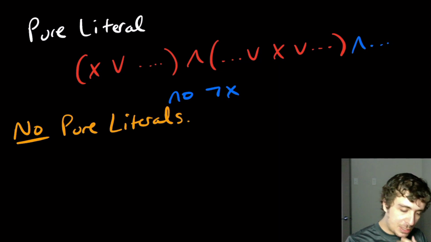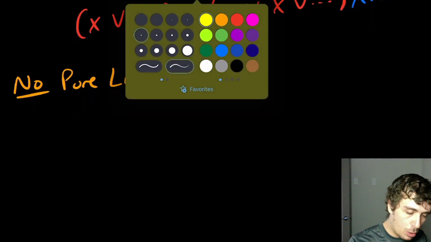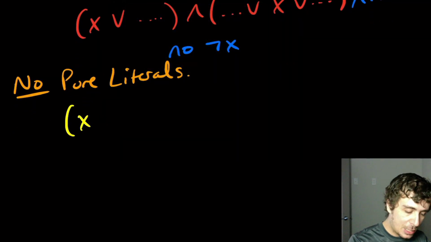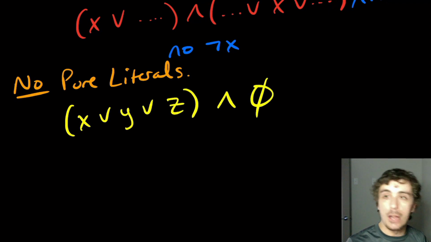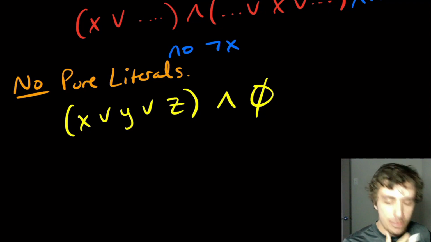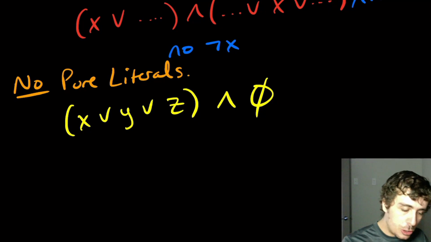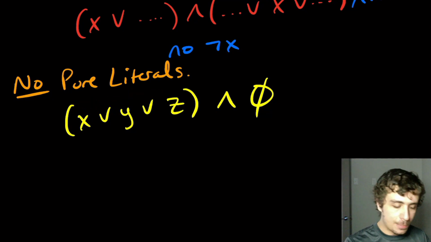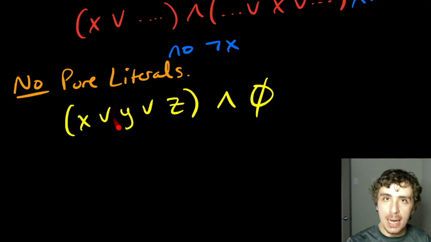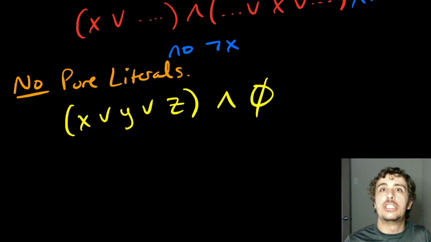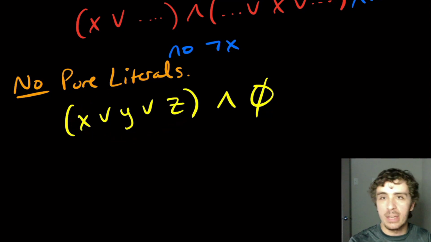Okay, so let's analyze the condition that we had a little earlier. So we had something like x or y or z and some other 3-SAT formula. Well, if there are no pure literals in the entire thing, then if we look at x, we might as well, without loss of generality, assume that x negated is not in here, because if it's x or not x in here, then this clause is trivially satisfiable, and so we don't even need to consider that clause.